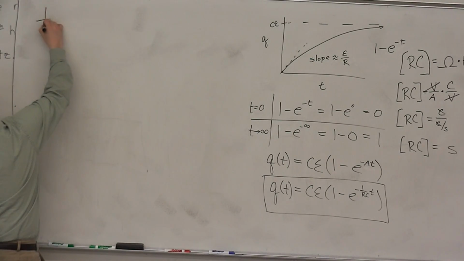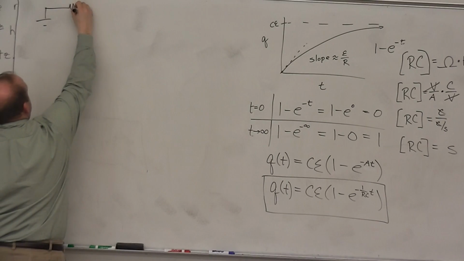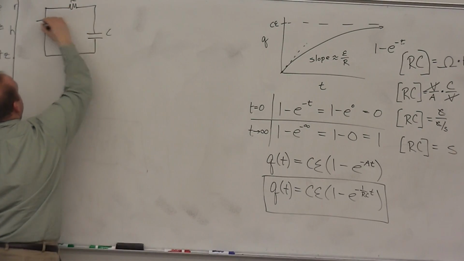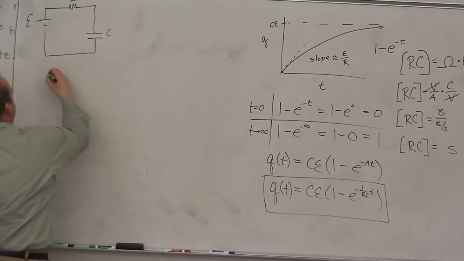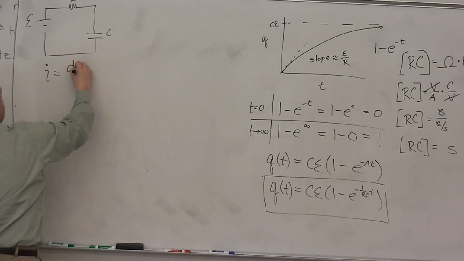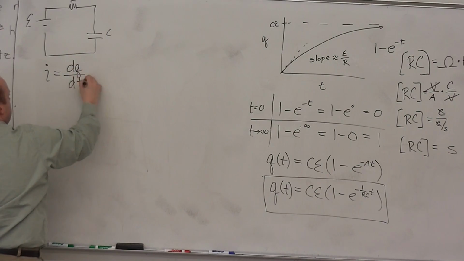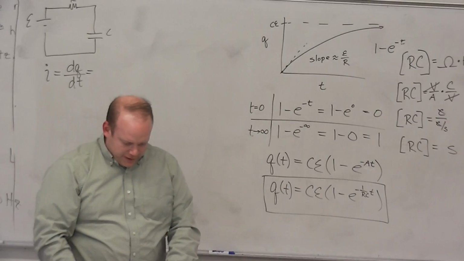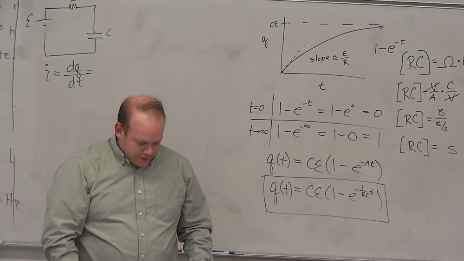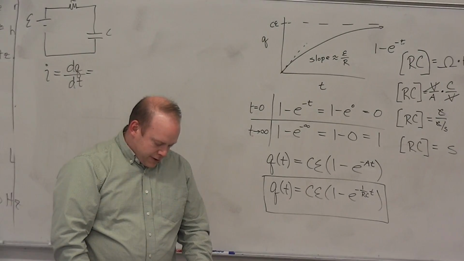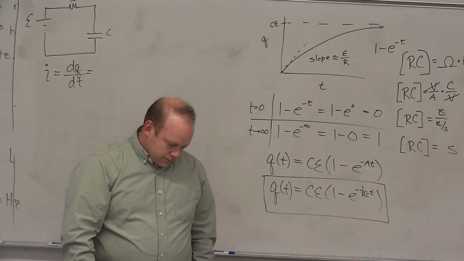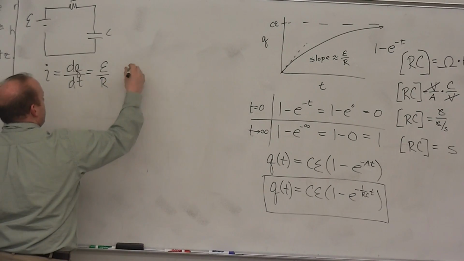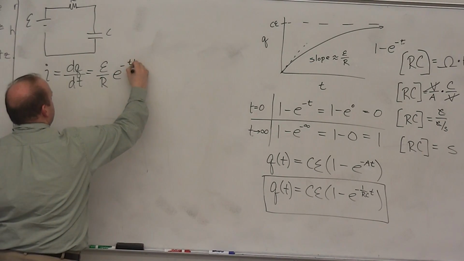Now, the current through this circuit, okay, current is equal to dq dt. I'll leave this to you to prove for yourselves. But this is going to equal, I just want to cut to the chase here, E over R, e to the negative t over RC.